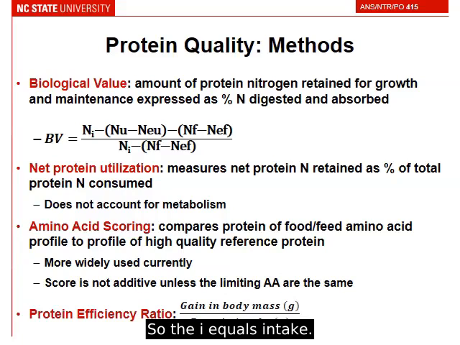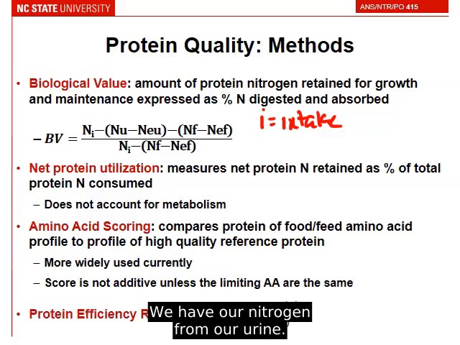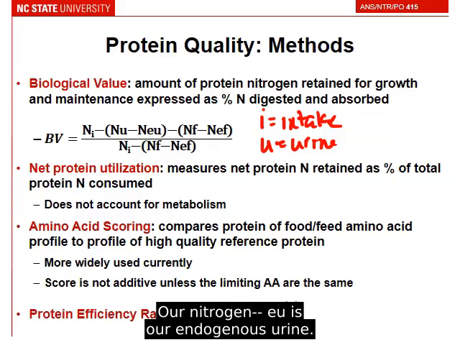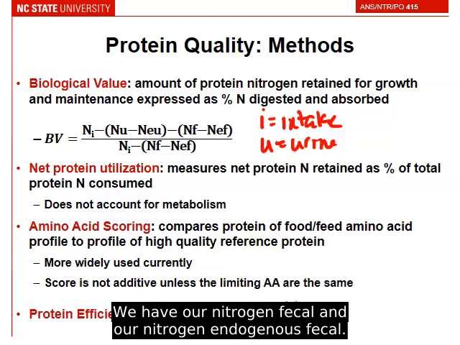So the I equals intake. We have our nitrogen from our urine, U equals urine. Our nitrogen EU is our endogenous urine, so our E is endogenous. We have our nitrogen fecal and our nitrogen endogenous fecal.